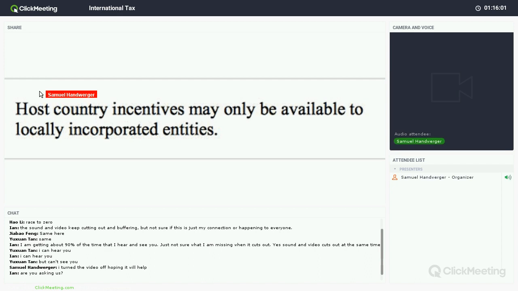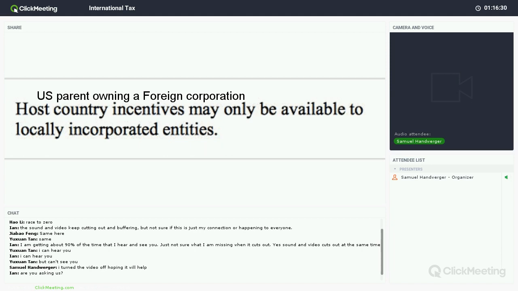That's one reason why we have this situation where we have a U.S. parent company owning a foreign corporation. But another reason might be that country B is offering an incentive to do business there, but it's only by becoming a local corporation.